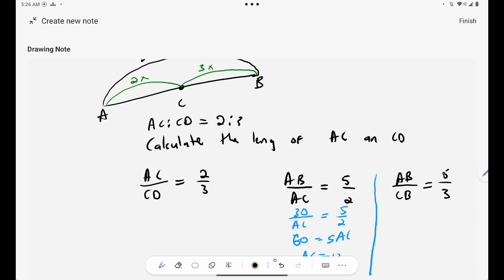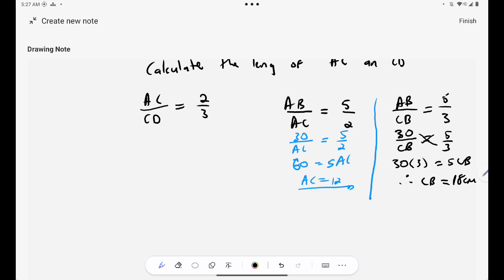So I know that AB is 30 centimeters. I don't know the value of CB. All I need to do is to cross multiply here, and then I'll have 30 multiplied by 3 is equal to 5 CB. When I divide both sides by 5, 30 divided by 5 is 6. 6 times 3 is 18. CB is 18 centimeters together.